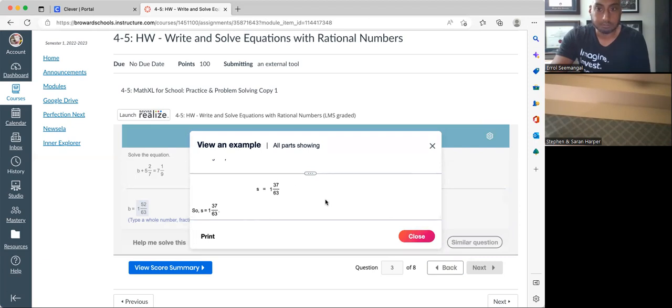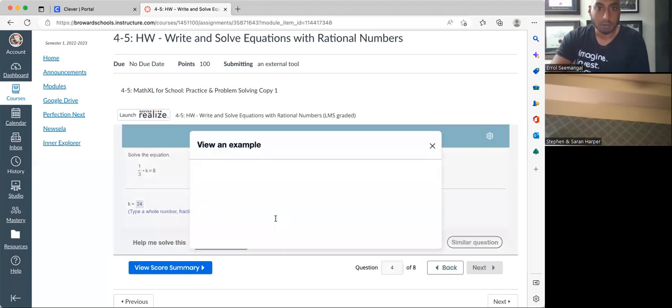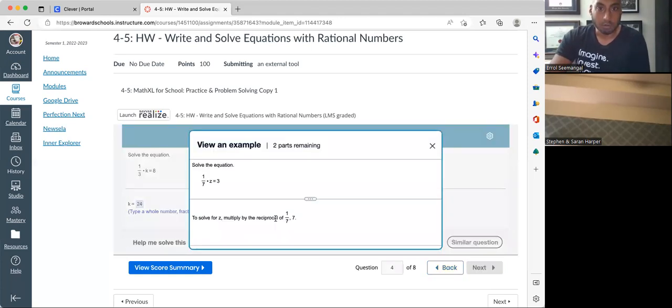Good. All right, press view an example. 1/7 z equals 3. What's the coefficient here? What's the coefficient on this?